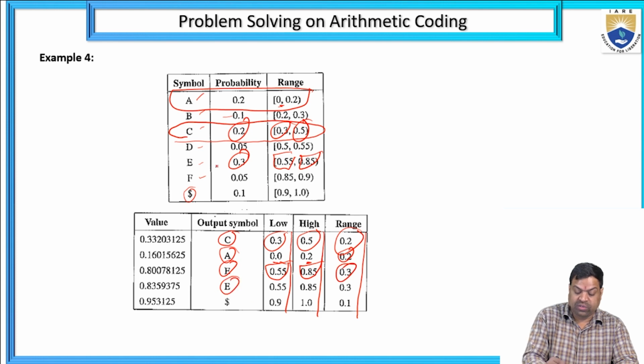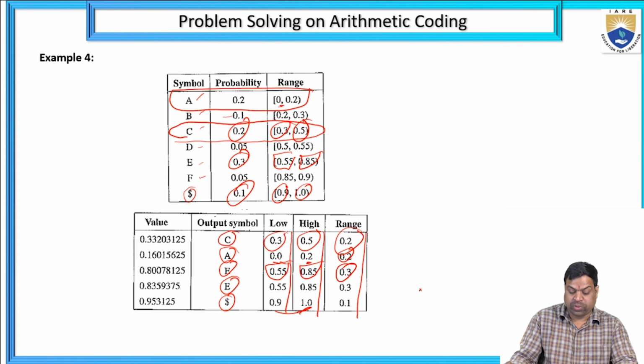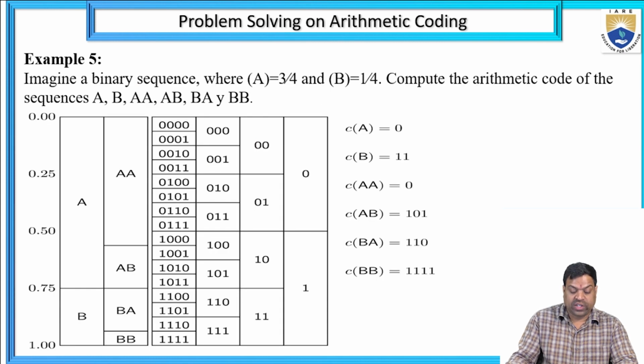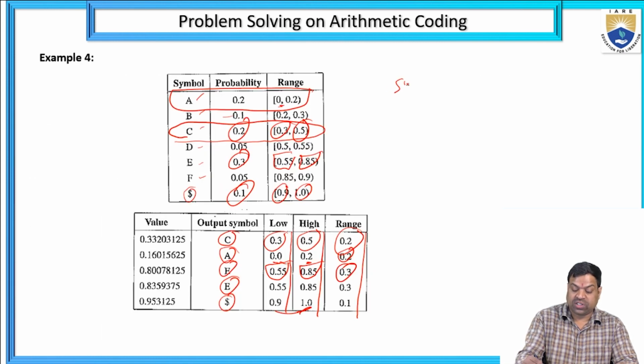Next I'm taking E again, 0.55 to 0.85, same as before. Then the last symbol, with range 0.9 to 1.0, so the probability is 0.1.